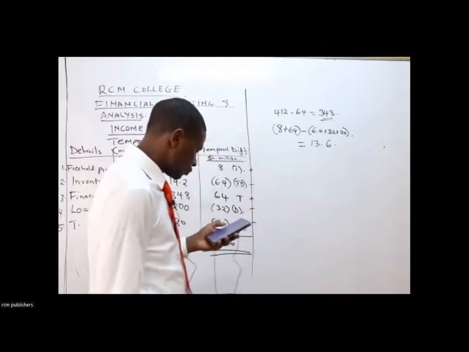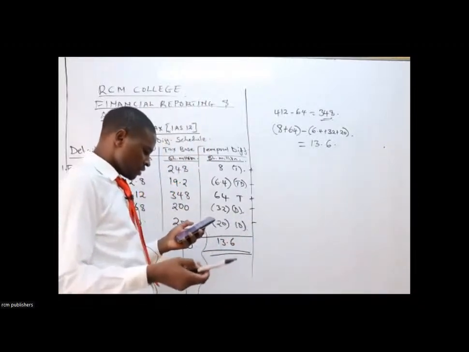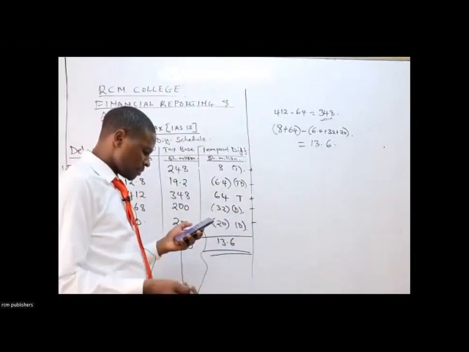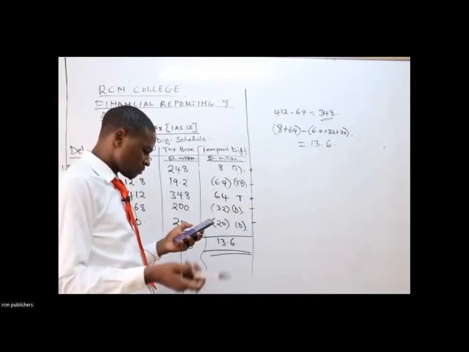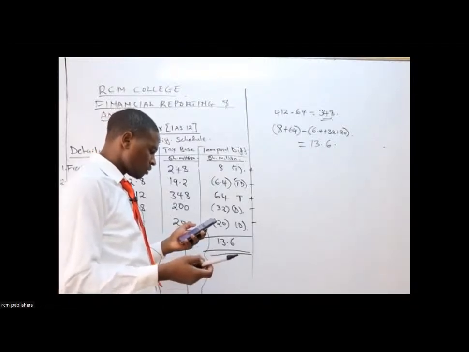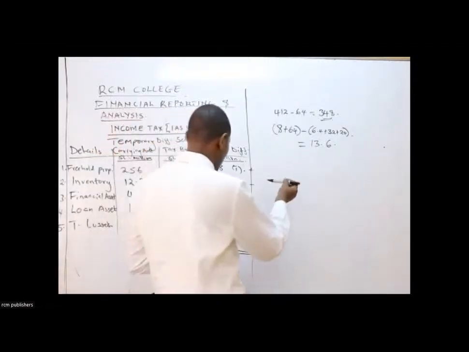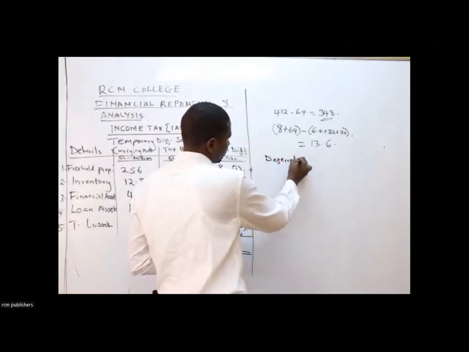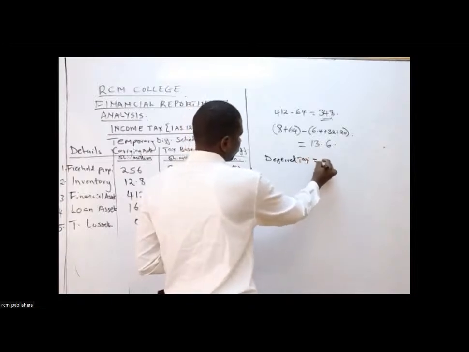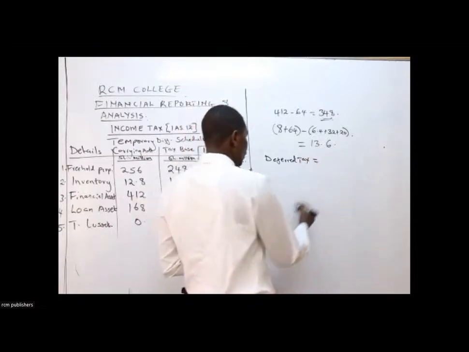deferred tax asset or liability. You see, the examiner anatuambia ati deferred tax asset or liability. Just take 30% multiply by what we have here as 13.6. So deferred tax, in fact, this is a positive.